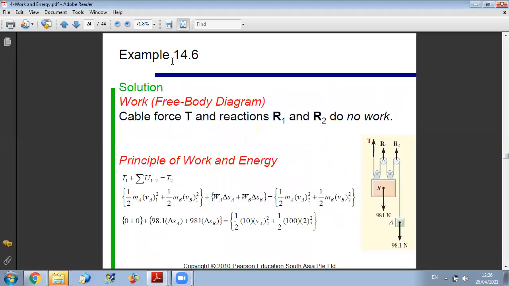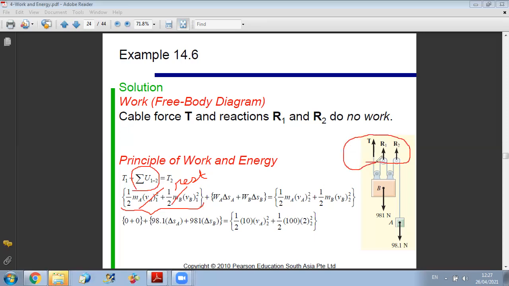So here you can see the whole equation. This is the summation of kinetic energies at state 1, half MA VA1 square plus half MB VB1 square. But since the system is starting from rest, these values are 0. Now concerning the sum of work between 1 and 2, as you can see here, these 3 forces have no work because they are applied at fixed points.